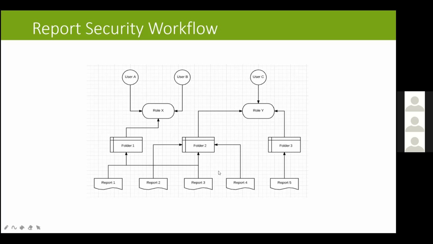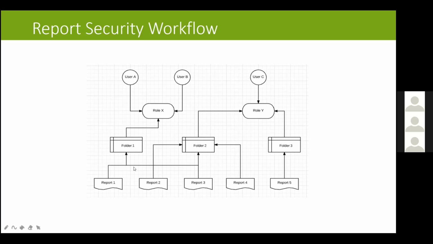We will go into an example of this, so that will be much more clear. But this is a picture that has to be there to understand the purpose. I'll just go through this once again. Everything that drives the access to the reports is basically role and folder.